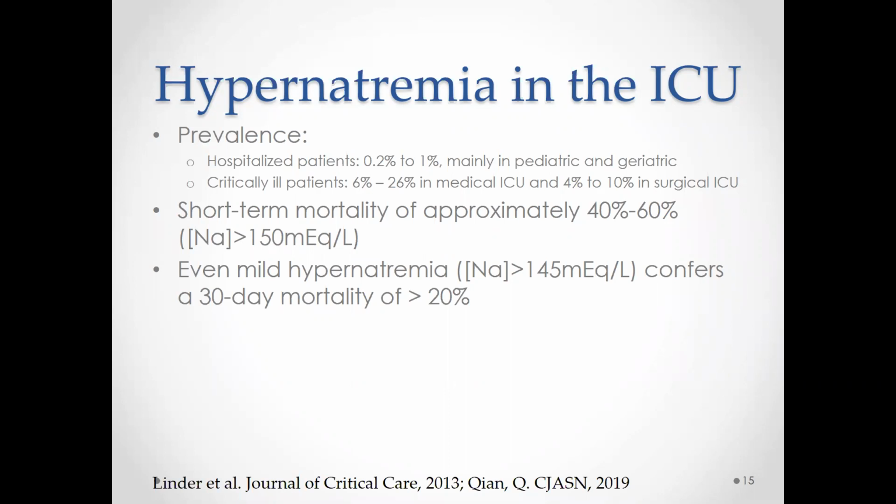The short-term mortality is approximately 40 to 60%, and this could be an association. Sodium greater than 150, or sodium greater than 145, can confer a mortality of greater than 20%.